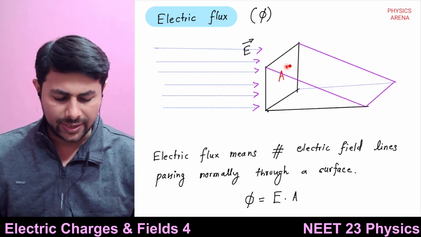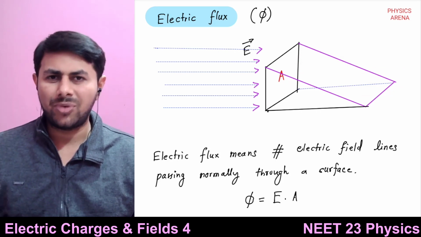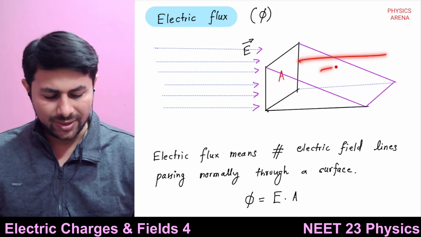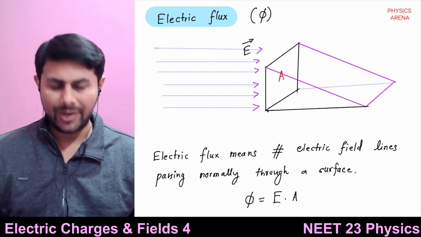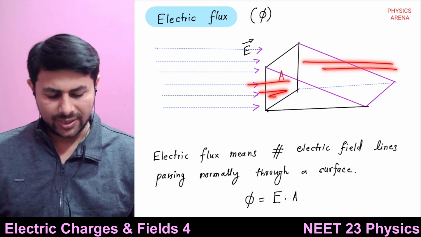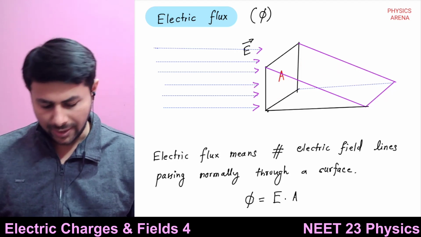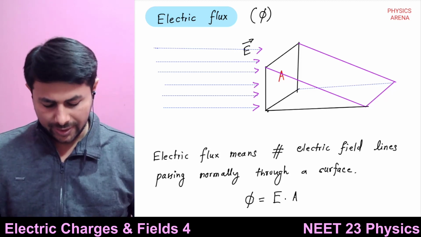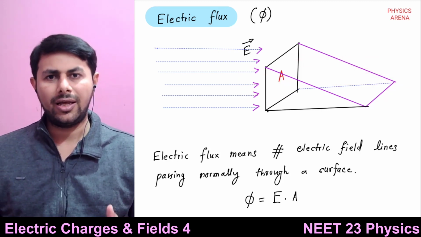After passing through this area, they will pass through this area also. But what about the number of electric field lines passing through each? If you compare the number of electric field lines passing through this area and this area, they are equal, right?